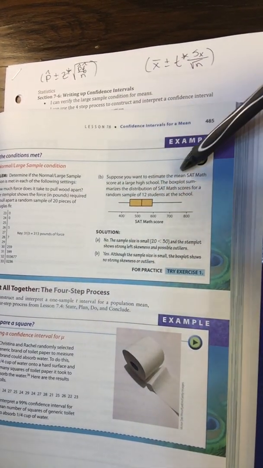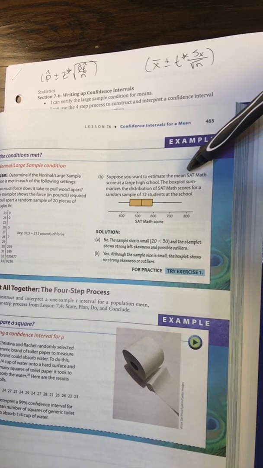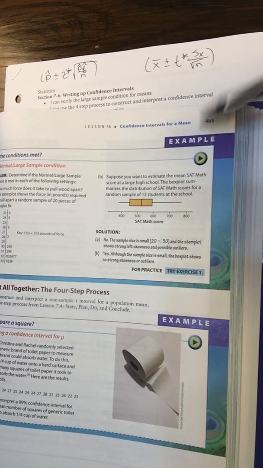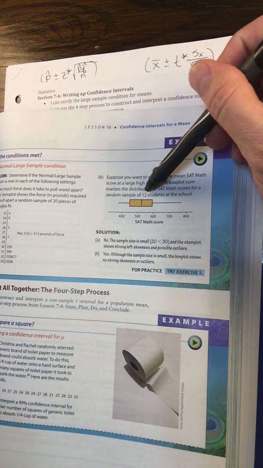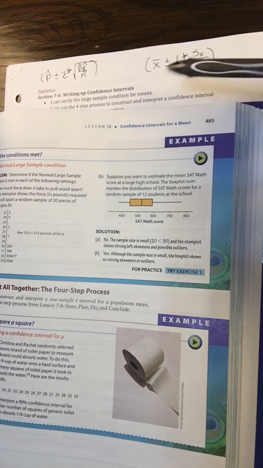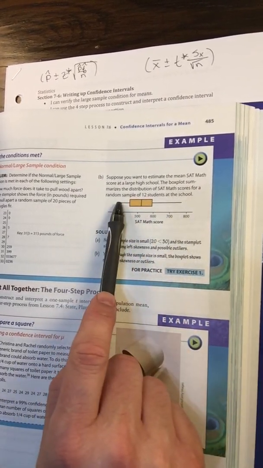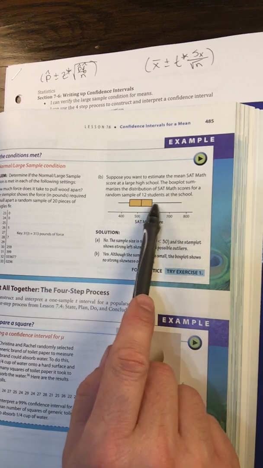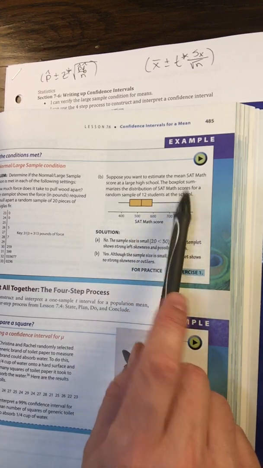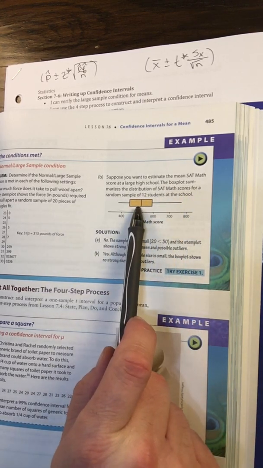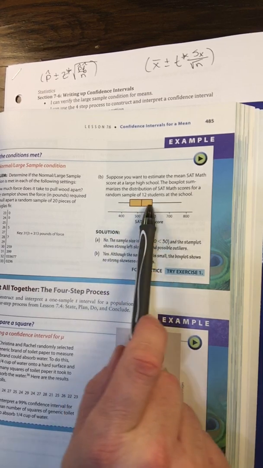Part B, suppose you want to estimate the mean SAT math score at a large high school. The box plot summarizes the distribution of SAT math scores for a random sample of 12 students, not big enough to use the central limit theorem. I see that this side goes further than that one, which is an indication of a little bit of a pull to the right, slightly skewed to the right. But the median is right in between these.